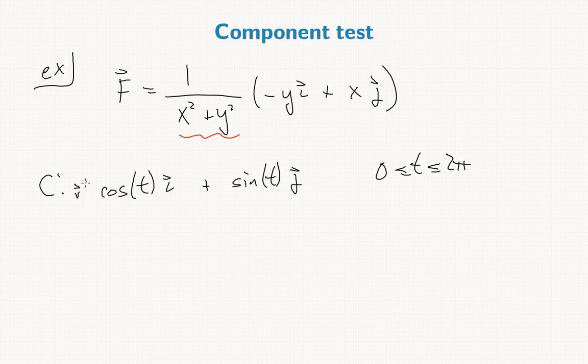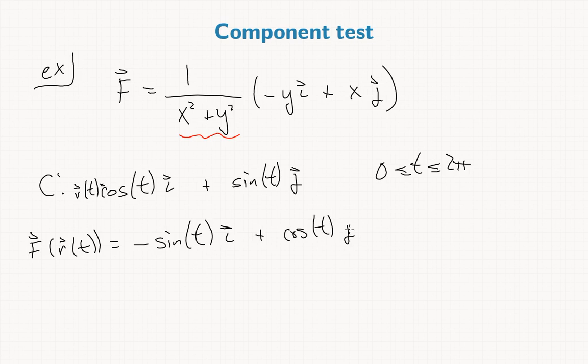So r of t equals that, and now F of r is 1 over cos squared plus sine squared, so that's just 1, times negative sine t i plus cos t j, and dr will also be negative sine t i plus cos t j dt.